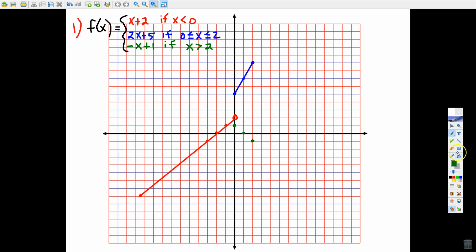I can't include 2. So at this green dot right here, I'm going to make that an open circle. And then you can keep on making other dots going this direction. As x gets bigger than 2, the line will just keep on continuing in that direction.